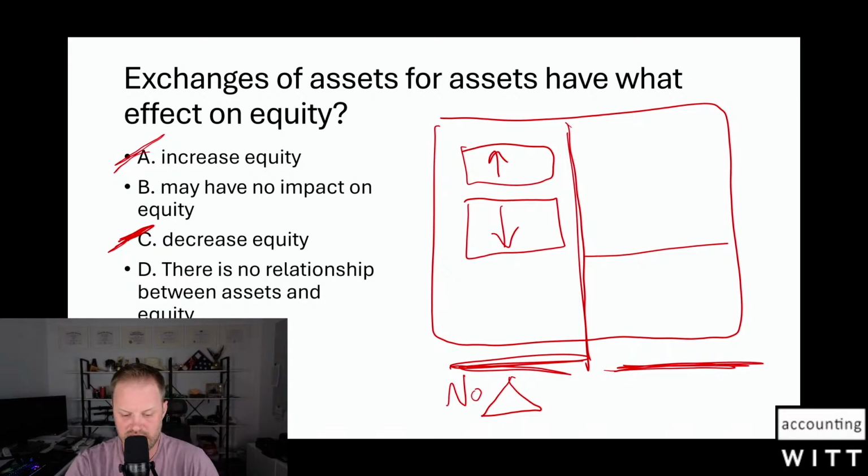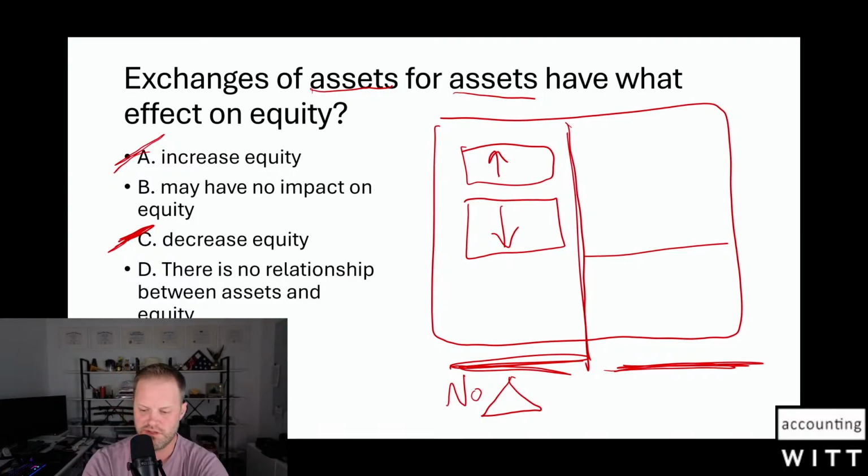Now, when this says may have no impact on equity, I mean, that's true. So when this says exchange asset for asset, is there an assumption that their values are the same?